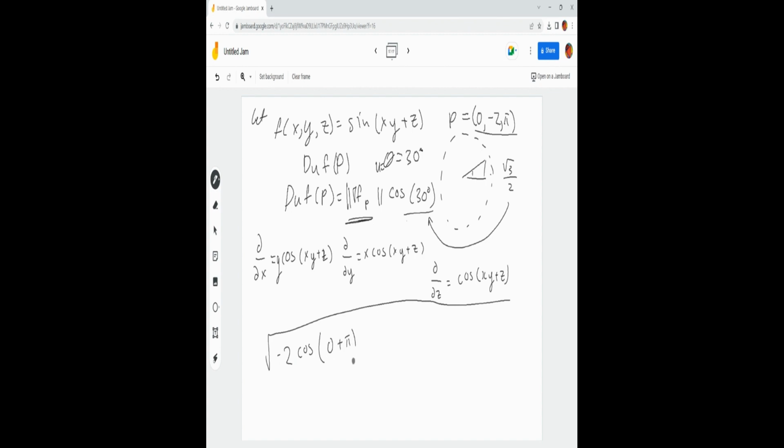So 0 plus pi, and then the square root of that. Let's do 0, right? So that cancels everything out no matter what. So I don't have to worry about that one. And then cosine by, oh, I just realized that's going to be 0 no matter what.